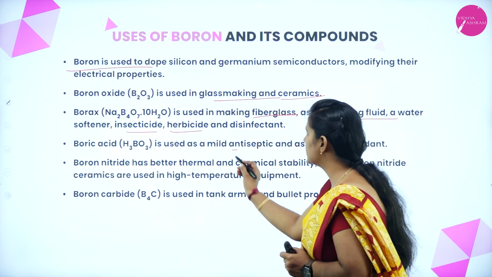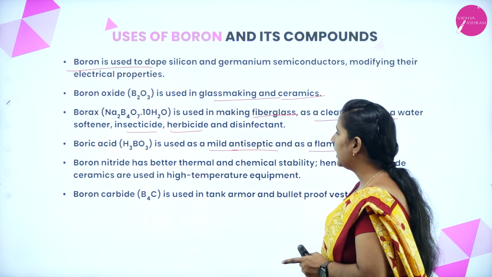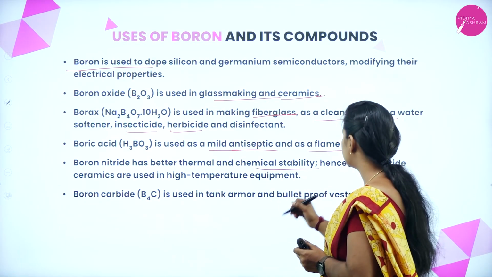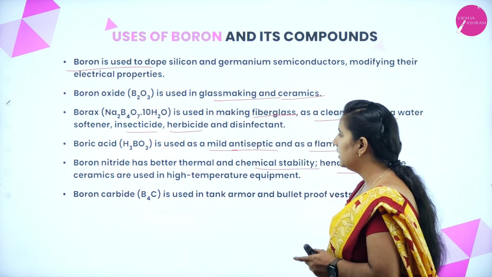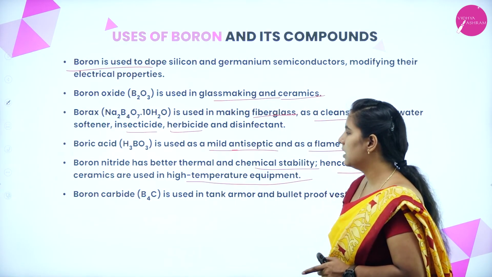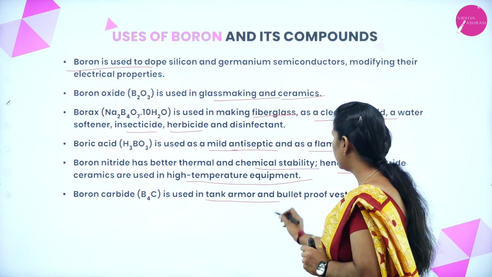Boric acid is used as a mild antiseptic and a flame retardant, and boron nitride has better thermal and chemical stability.